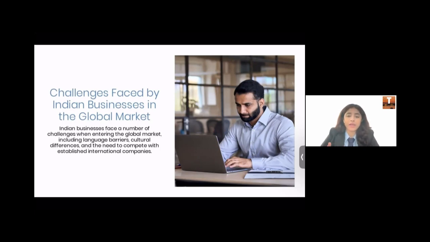Access to finance is there, but especially affordable capital is very crucial for Indian businesses to expand internationally, because they may face challenges in obtaining adequate funding for their global expansion plans, including investment in research and development, market entry, and infrastructure development. So they can face some limitations here.